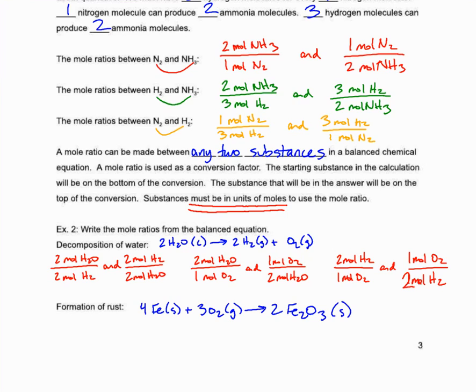Here's your balanced equation, and you can relate the amount of iron with the product. 4 moles of iron, with my 4, for every 2 moles of Fe2O3. And of course you could flip that upside down if necessary.